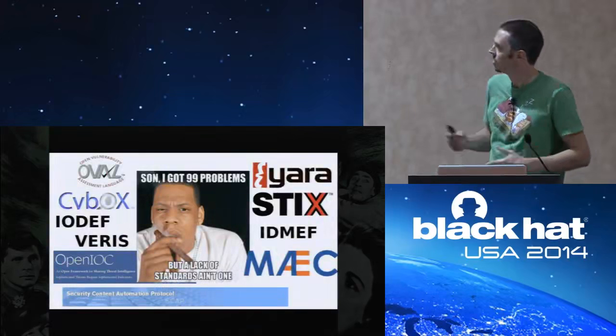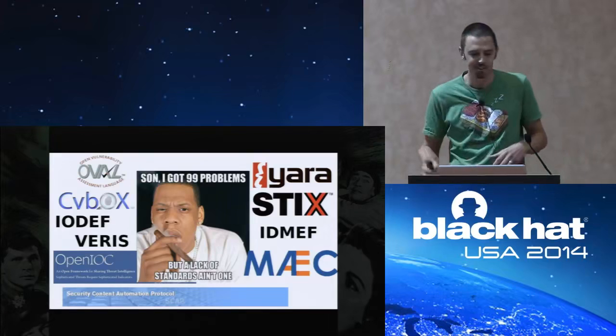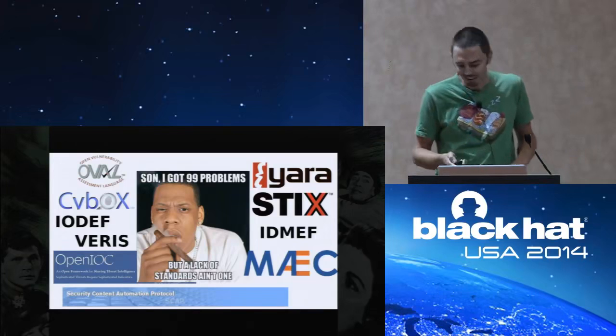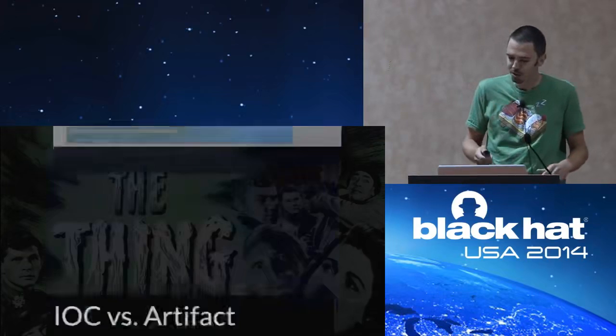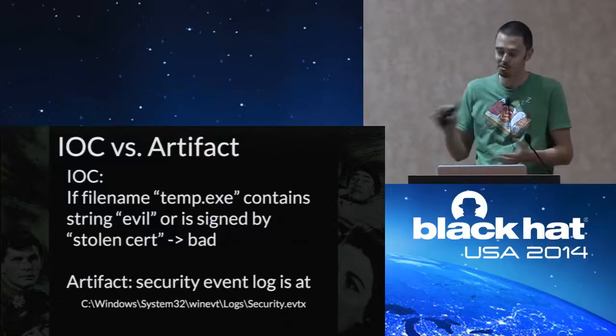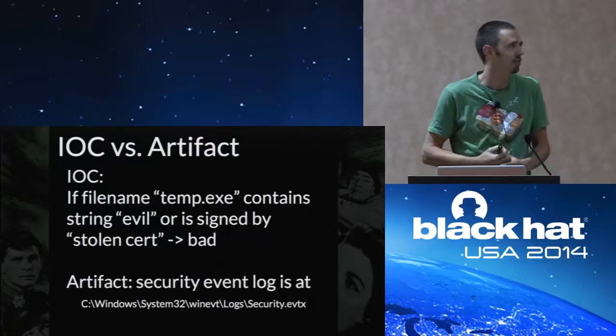There's certainly standards, and there's a lot of standards. But as Jay-Z says, the problem we have here as an industry is not a lack of standards. A lot of those are actually IOC standards, so I wanted to call out IOC versus artifacts. None of those actually describe the problem I've been talking about, the forensic artifact problem.